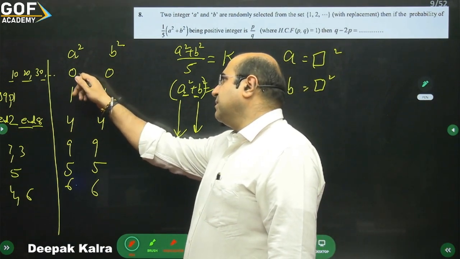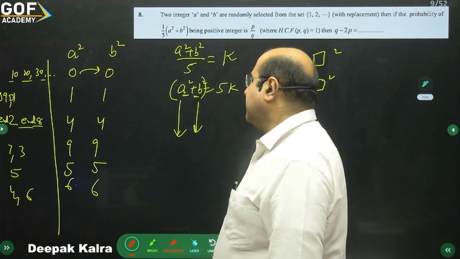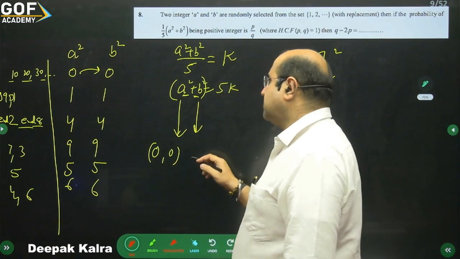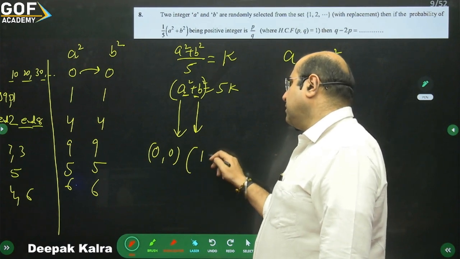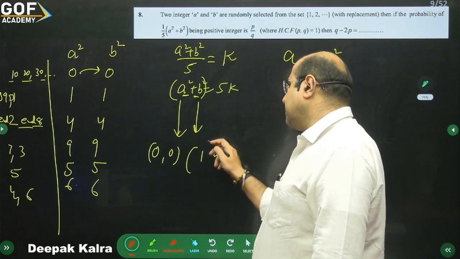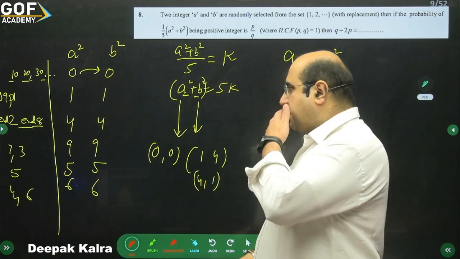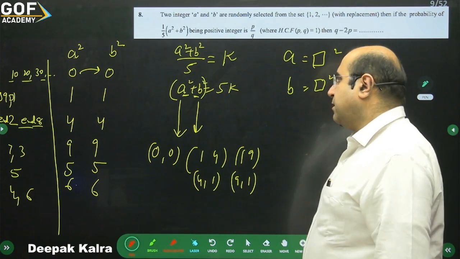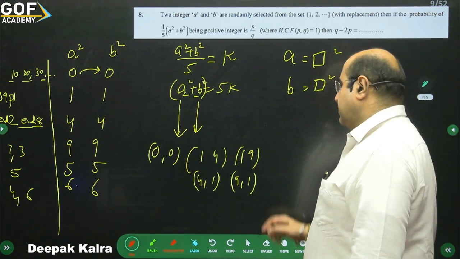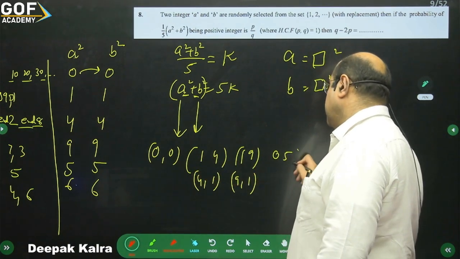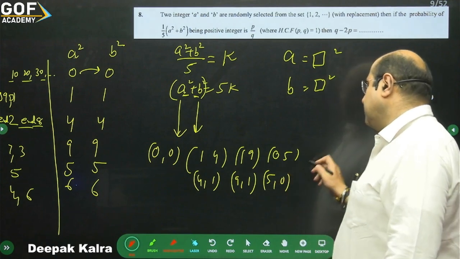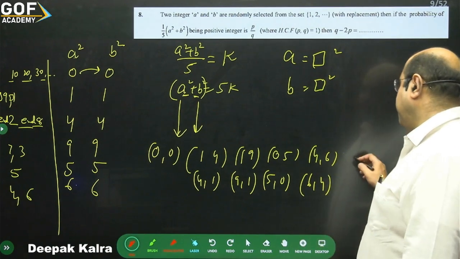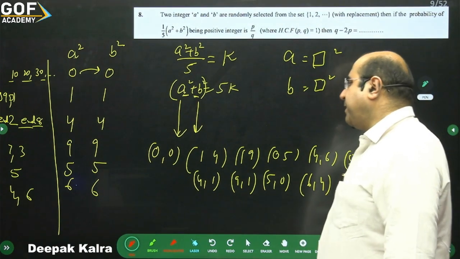From this place, either the combination is 0 1, 0 0, or the combination 1 4, 4 1, 1 9, 9 1, 0 5, 5 0, 4 6, 6 4, 5 5. Any other pending?